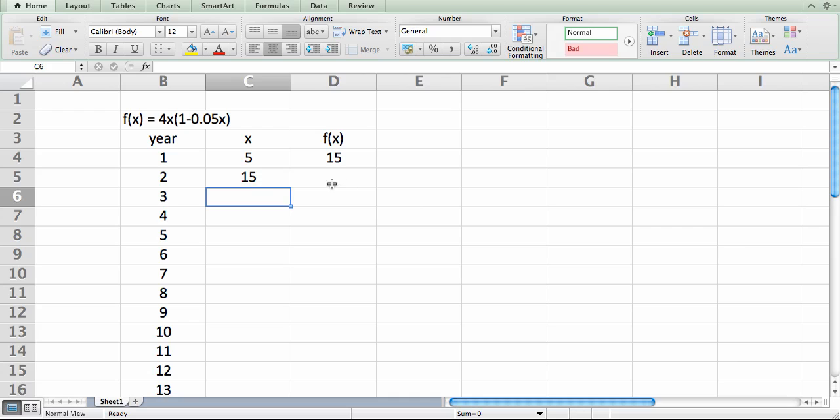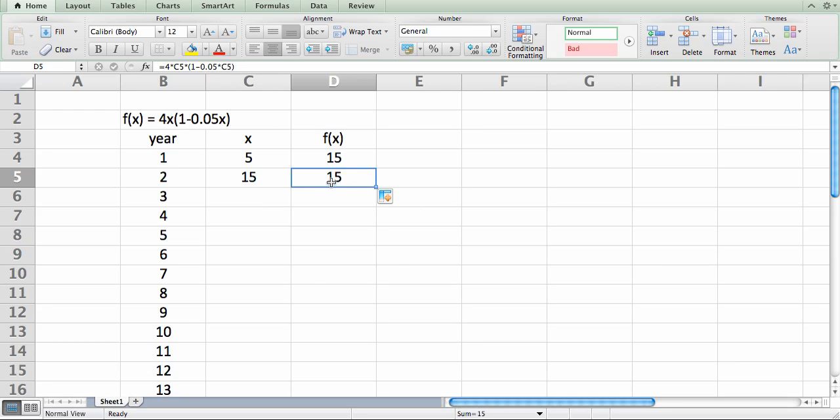Well, that depends on the function. Year 3 is going to be 4 times 15 times (1 minus 0.05 times 15). All I really need to do is take this formula I've put in, drag it down, and change the reference to C5 instead of C4.